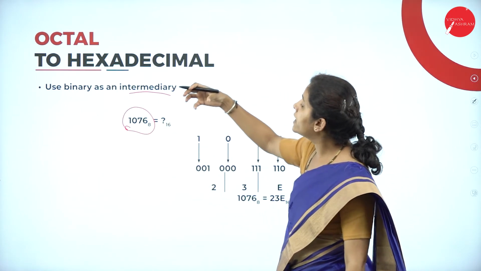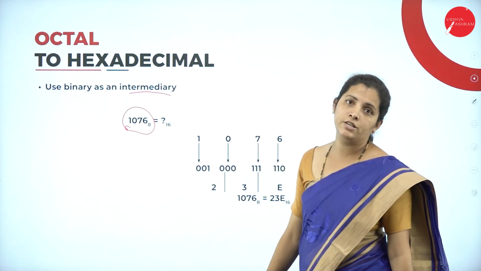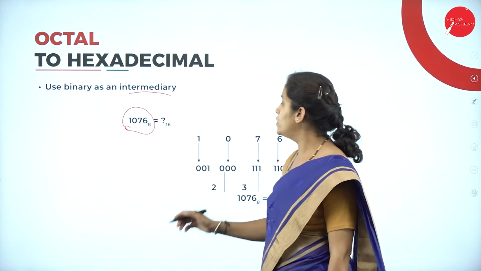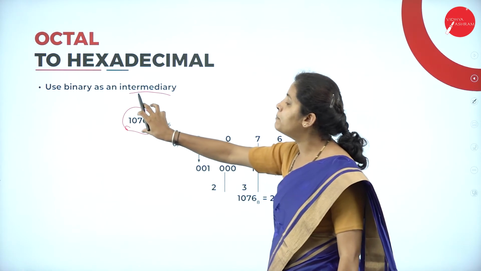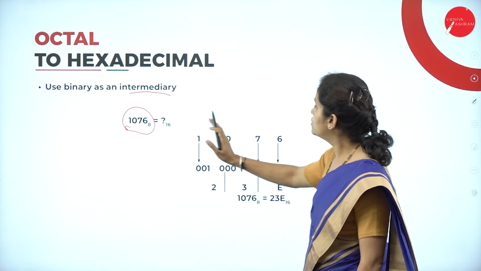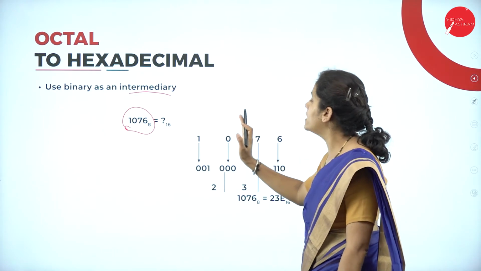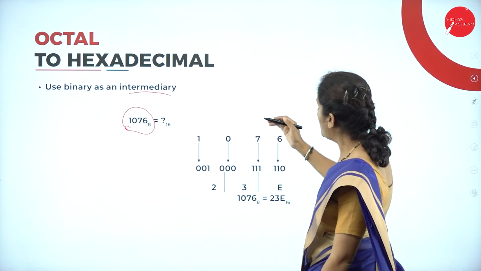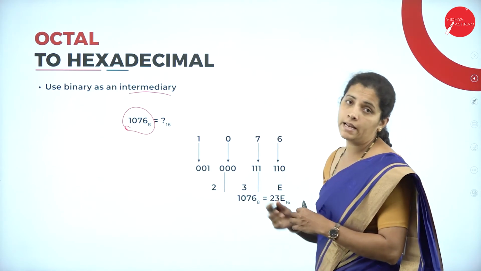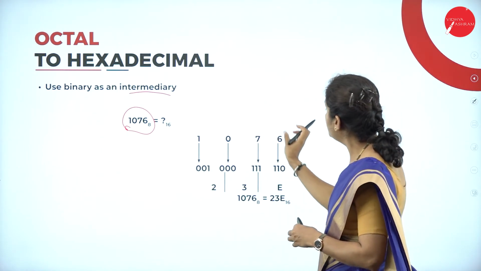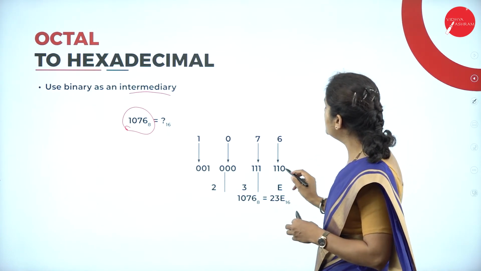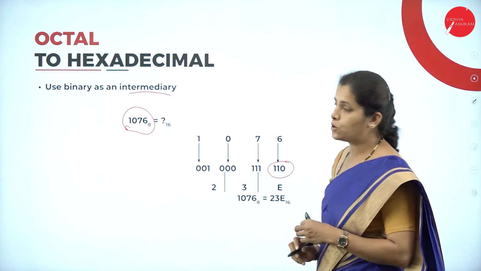I am going to write the binary representation for octal number. So I am going to split this number separately. First I'll write 1, then I'll write 0, then I'll write 7 and I'll write 6. Now I'm going to write the binary equivalent of that particular octal number. So 6 means it is 110.